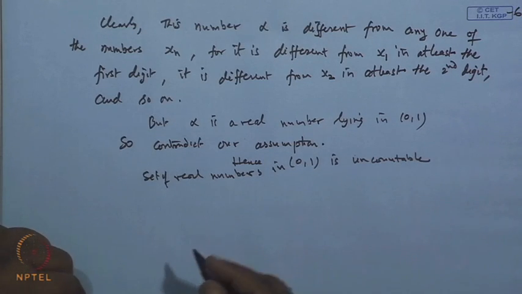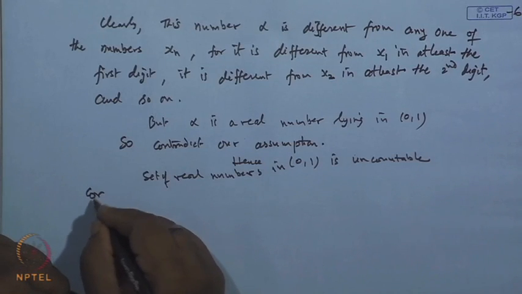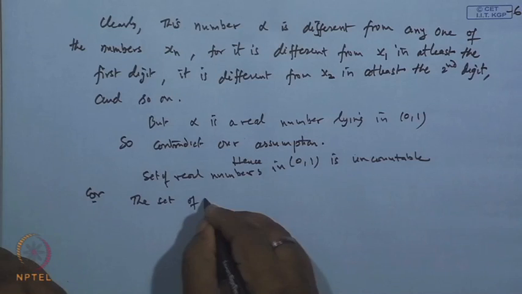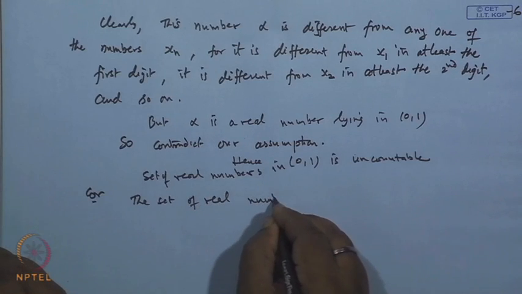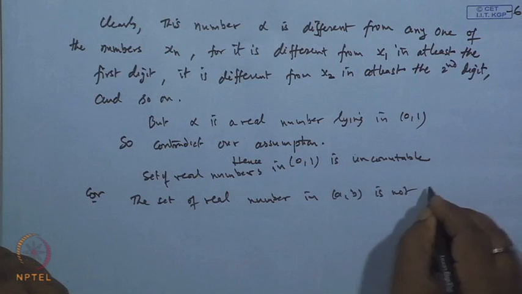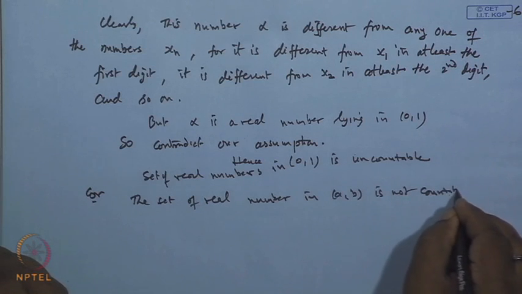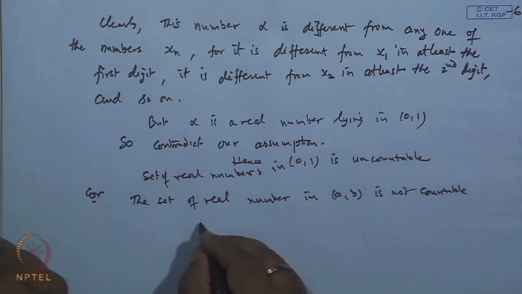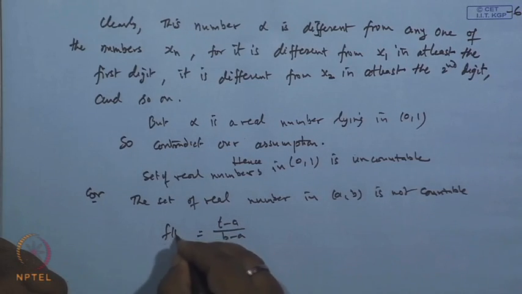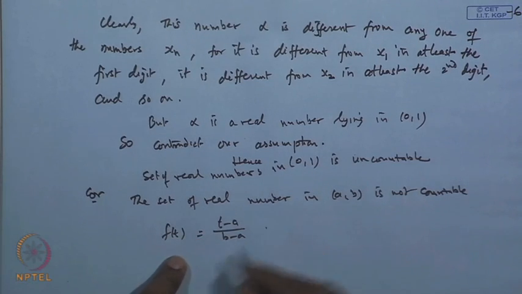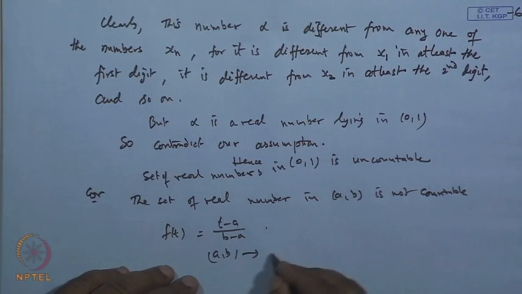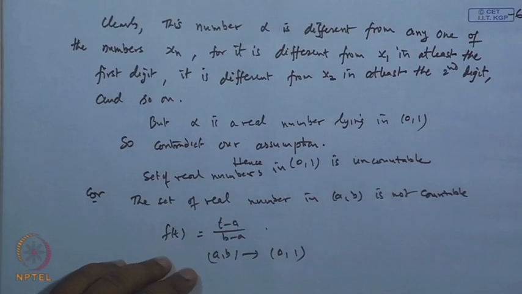Okay. Now, if we take any interval a b, the set of real numbers in it is not countable, because if I make the function f of t equal to t minus a over b minus a, this mapping will transfer the interval a b into the interval 0 1.